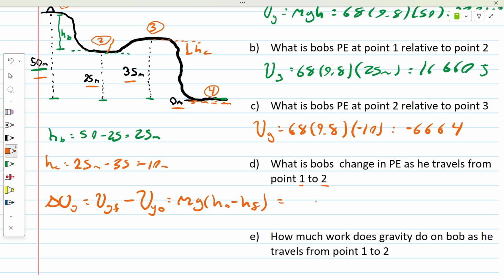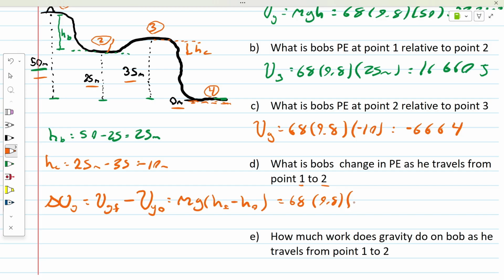So if we plug this in, we would have 68 times 9.8. Actually, sorry, it should be height final minus height initial, because it's potential energy final. Okay, so we have the final height minus the initial height.